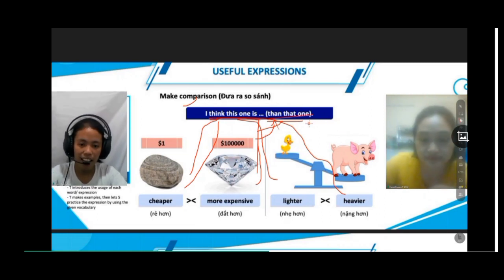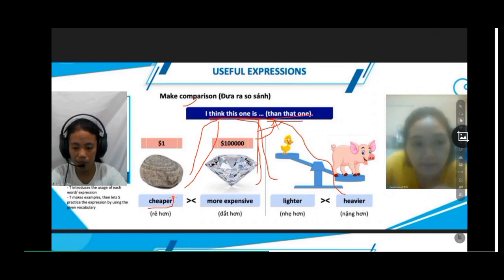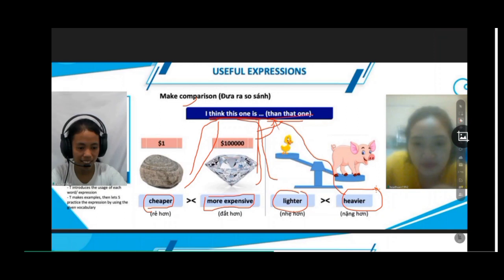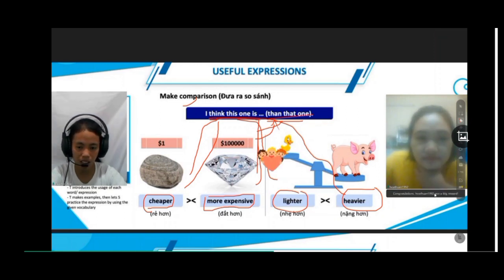So again, how can you read this word? Cheaper. Very good. How about this one? More expensive. All right. How about this one? Lighter. Very good. And this one? Heavier. Very good. So for that, I will give you another trophy.